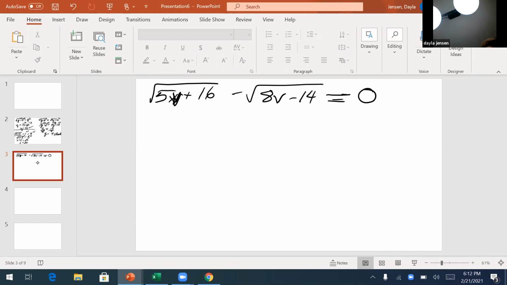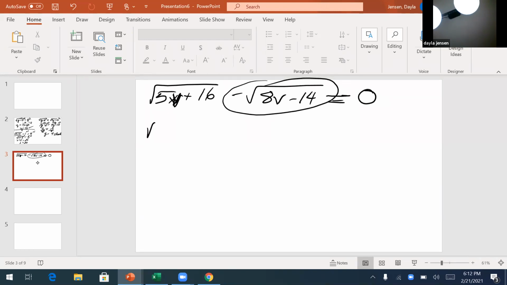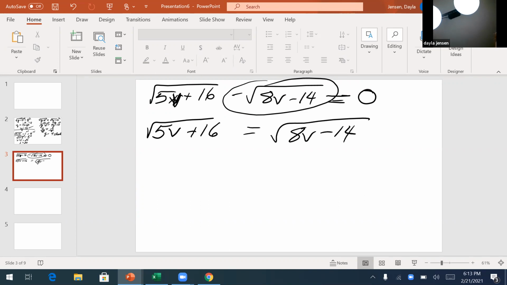Now I don't want to square both sides until I can get one radical sign on either side. So let's add this whole thing to both sides. So I've got the square root of 5v plus 16 equals the square root of 8v minus 14. Now I can square both sides.